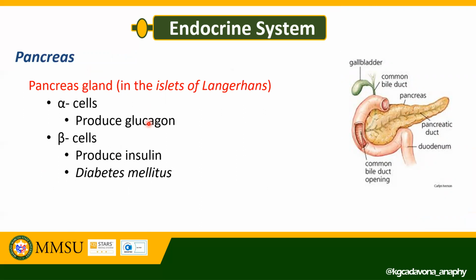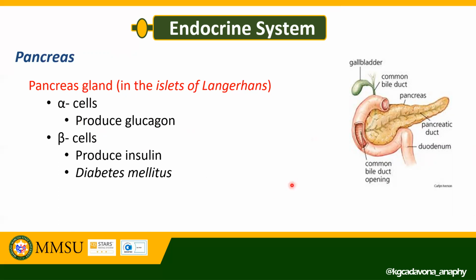An endocrine gland, as I have been saying, secretes its products directly into the bloodstream. The endocrine function of the pancreas is limited to the cells of the islets of Langerhans, which are found all throughout the pancreas. There are two types of cells, the alpha and beta cells.